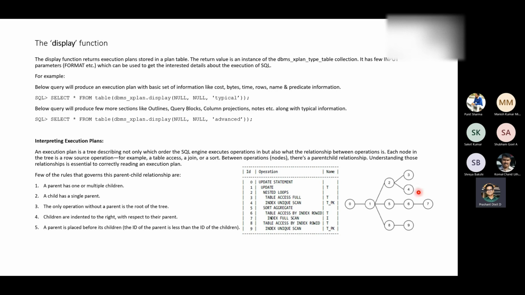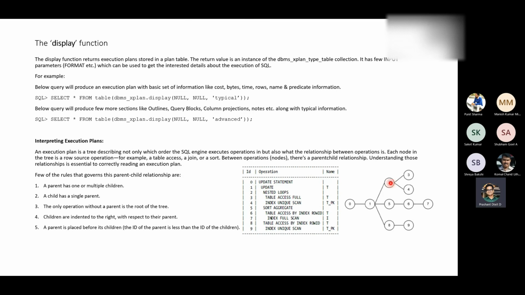And talking about this one here, the leaf nodes 3 and 4 will do their work. I mean, they will do things in parallel, doing an index unique scan and table access full. It will read everything from this table T, and it will apply uniqueness on this table using T underscore PK, the primary key, and then the result set will be passed on to the parent operation, that is the NL or nested loop operation, right?